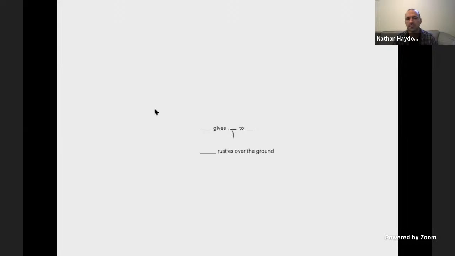And so here we can take someone gives something to someone and something rustles over the ground, and we can combine them to form someone gives something that rustles over the ground to someone else. And so we can form these more complicated expressions through composition.